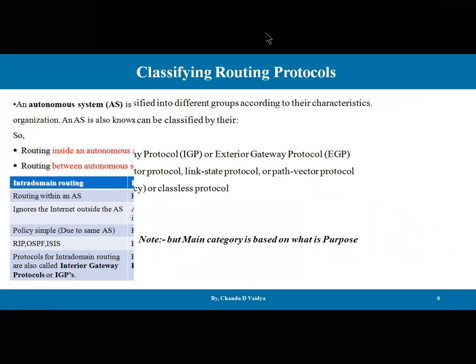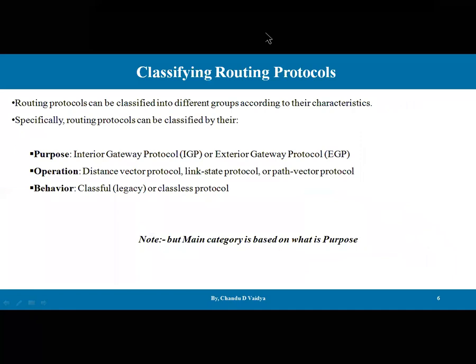Then there is the classification of routing algorithms, guys. Routing protocols can be classified into different groups according to their characteristics: first by purpose, second by operation, and third by behavior. Purpose means interior gateway protocol and exterior gateway protocol.